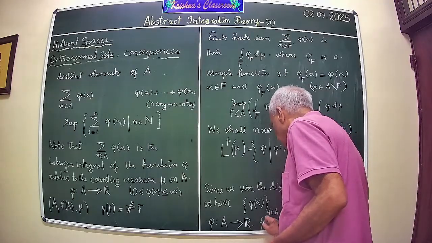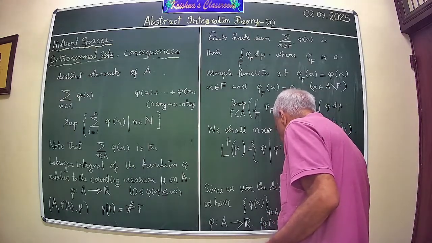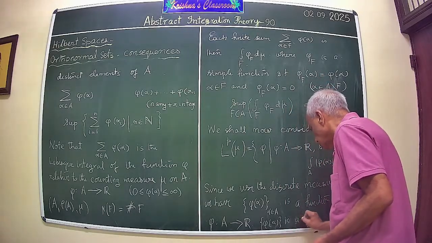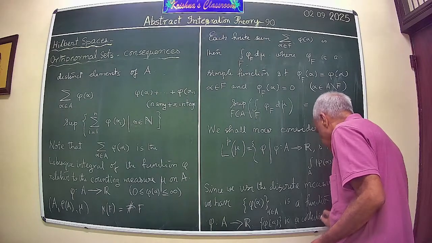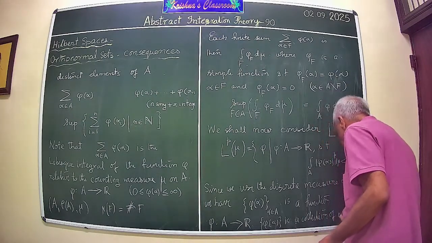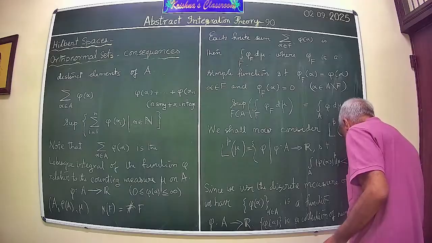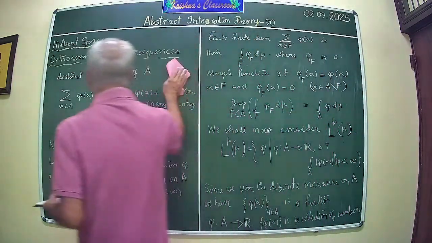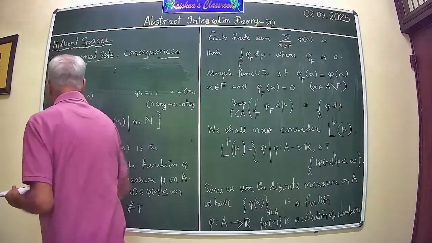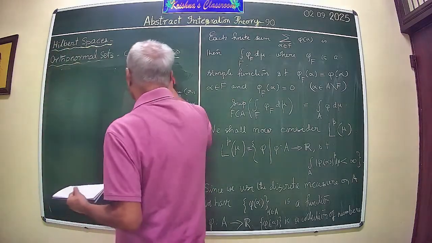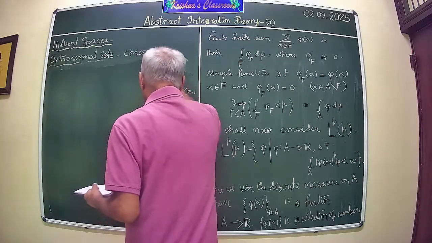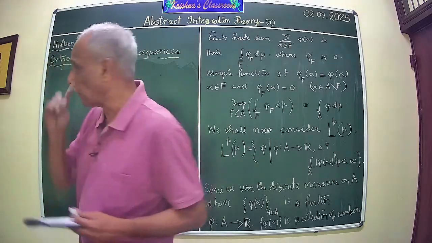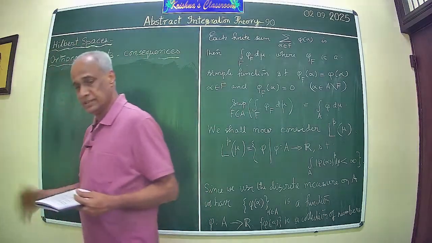So this is phi alpha, a collection of numbers. I don't want to call it a sequence because it is not necessarily countable. Had it been countable, I would have called it a sequence. So this is the scenario that is emerging.